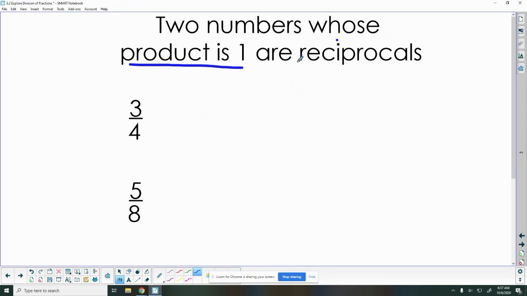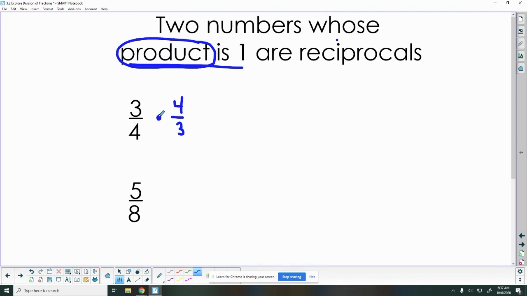So reciprocal means opposite. The opposite of 3/4 is to make it 4/3. I just flipped this fraction upside down. And I need to make it be a product, which means I multiply.